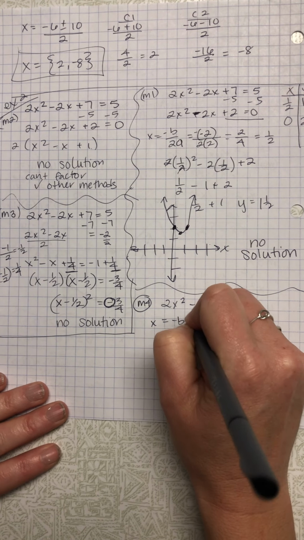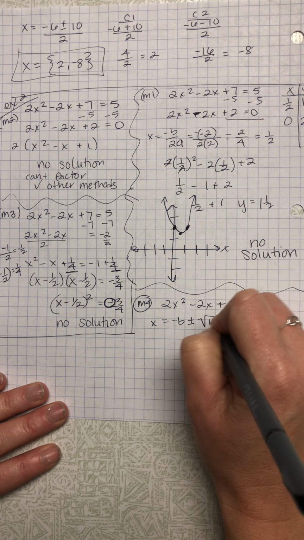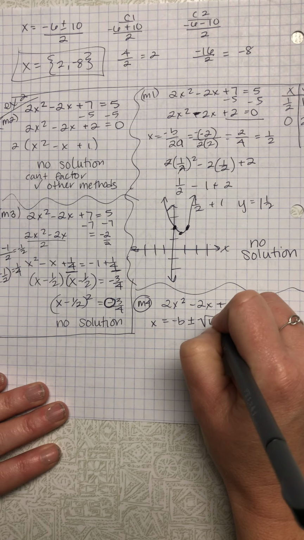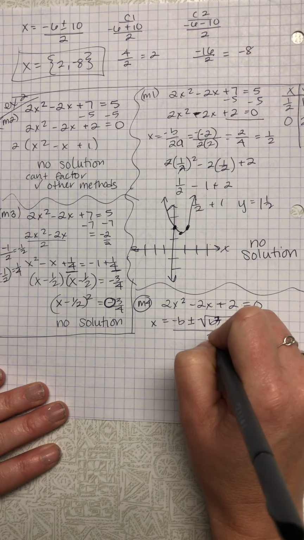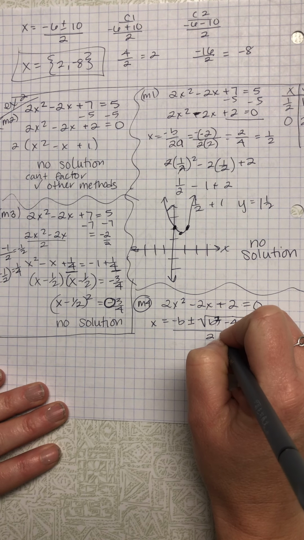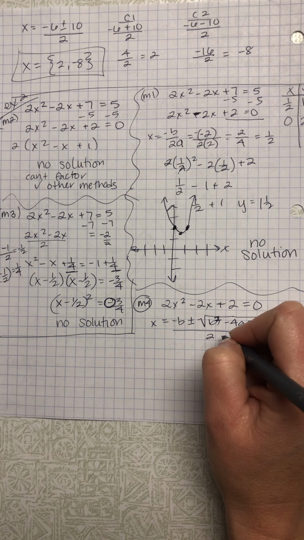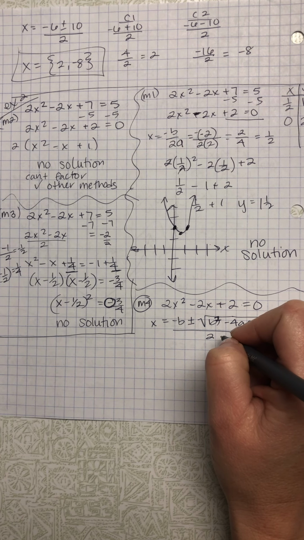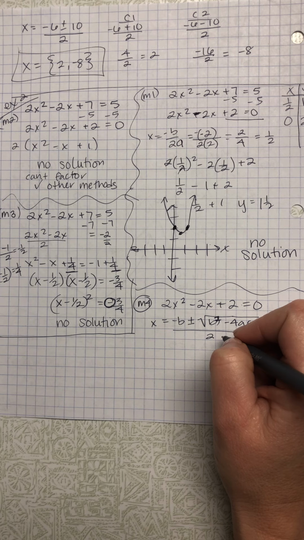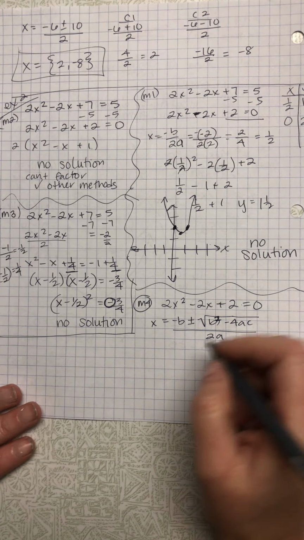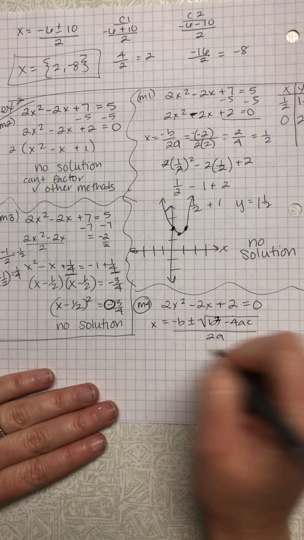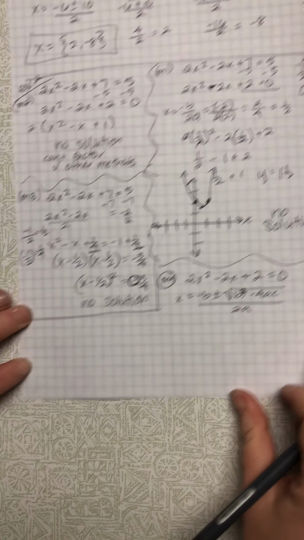So negative b plus or minus the square root of b squared minus 4ac divided by 2a. Did I do that right last time? Yeah, 2a. Okay. Substitute in. I'm going to come over here.